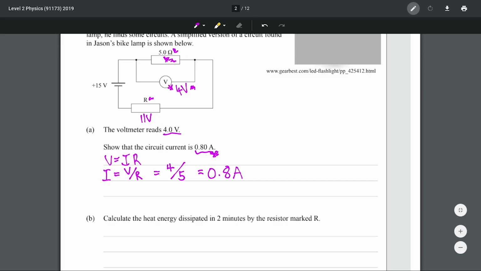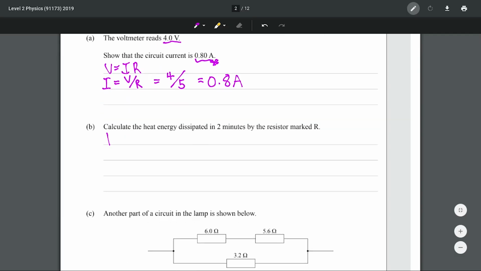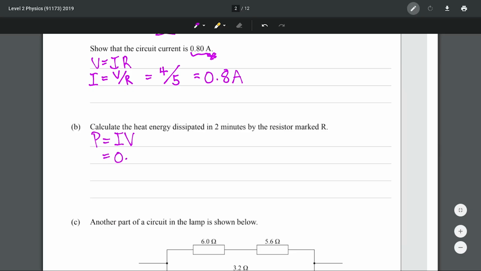So if we know the voltage in this resistor and the current through the resistor, we can find the power. Power is, of course, equal to current times voltage, and you'll find that on your formula sheet. Putting our numbers in gives us 8.8 watts.